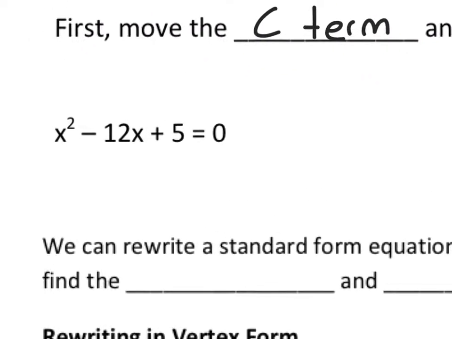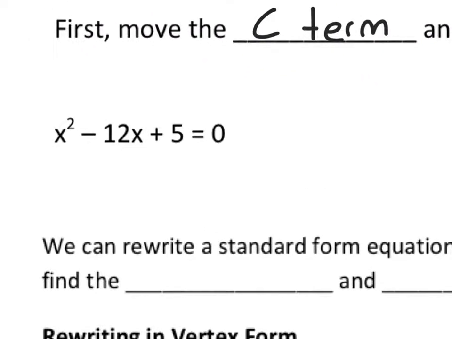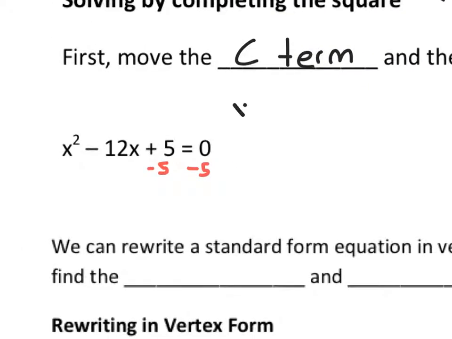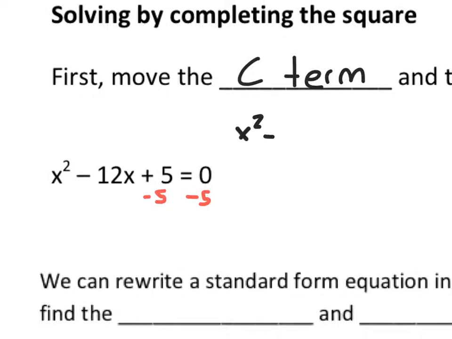So looking at this guy, I already mentioned the first step is to clear your C term, which would look like this. So I'm going to get my 5 away. Now, after you do that, leave yourself some space, because just like above, we need to now fill in what number goes here. All right?